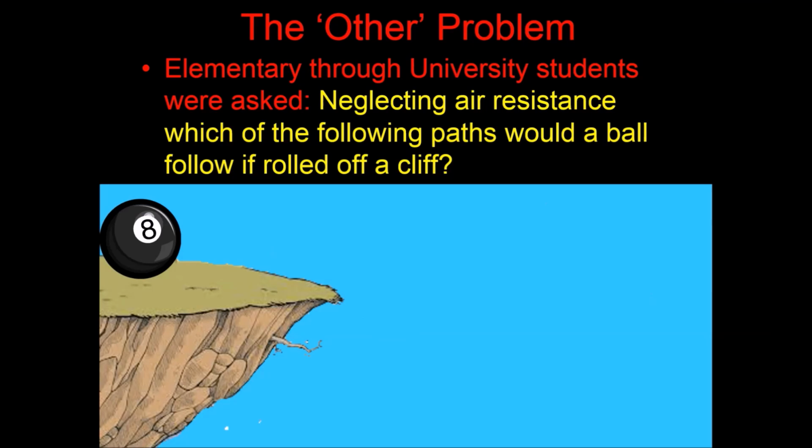So, when we're looking at these kinds of misconceptions, there was a large-scale survey that was taken, and elementary through university students were asked, if you neglect air resistance, which of the following paths would a ball follow if it rolled off a cliff?